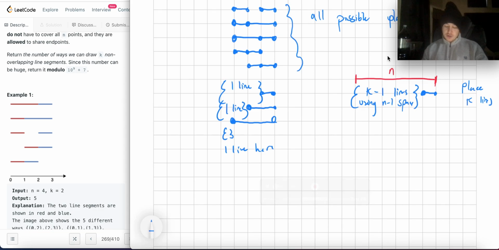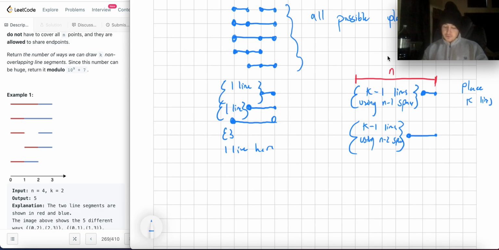I could also put a line of length 2, but that means now that I need to put k minus 1 lines using n minus 2 space.